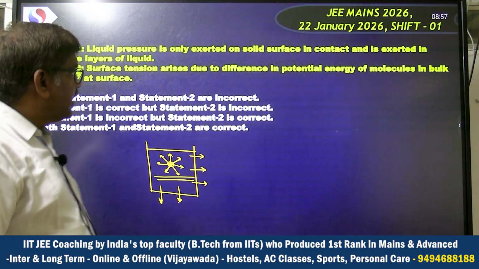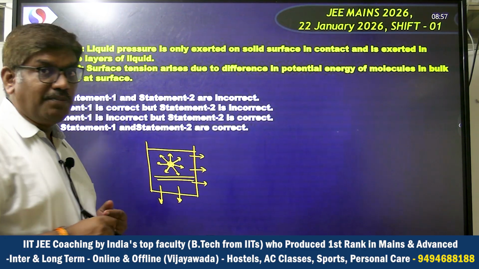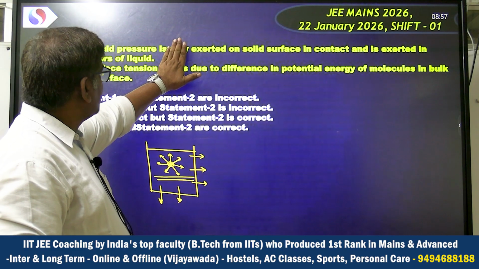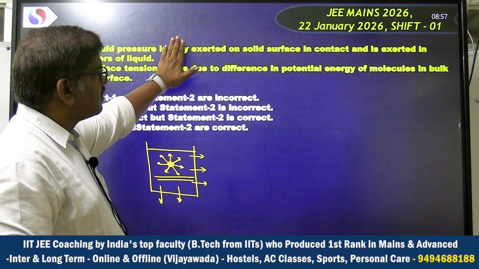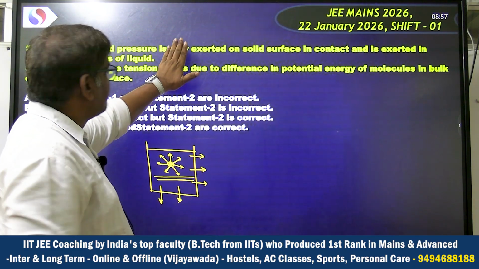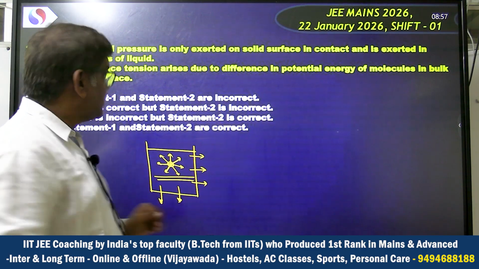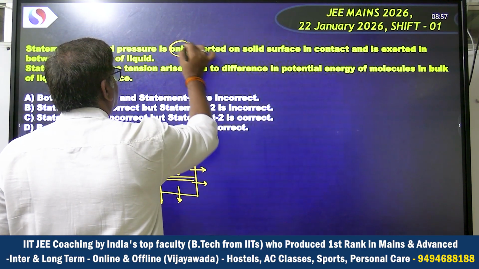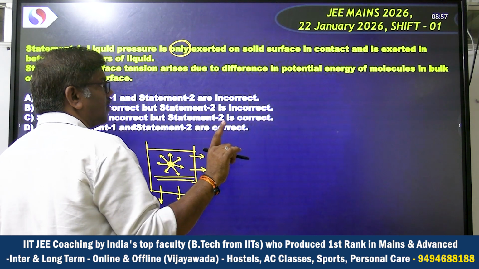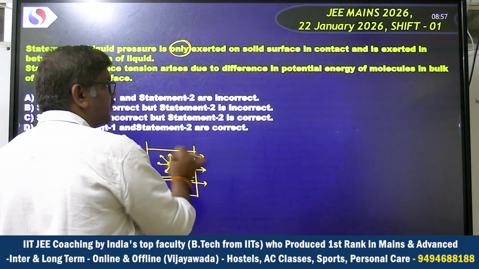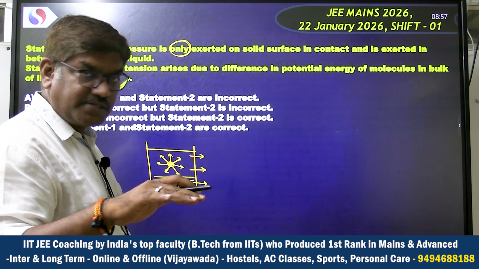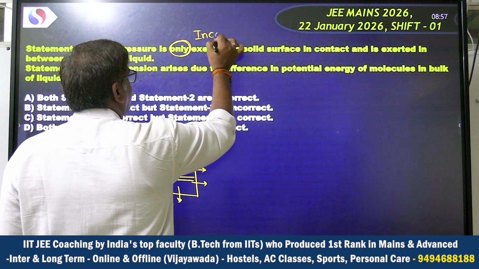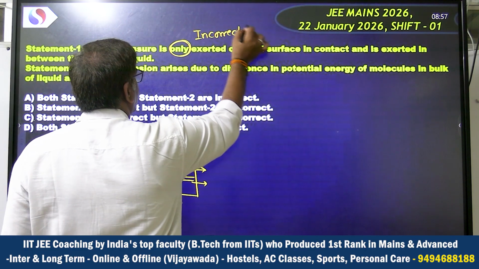So according to me, this particular statement could be correct if this "only" is not there. If they were simply writing pressure is exerted on the solid surface in contact and between the layers, it is correct. But since they are writing "only", that is the problem, because that means it is acting in all the possible directions, not only between the layers. That's why for me this statement is incorrect.